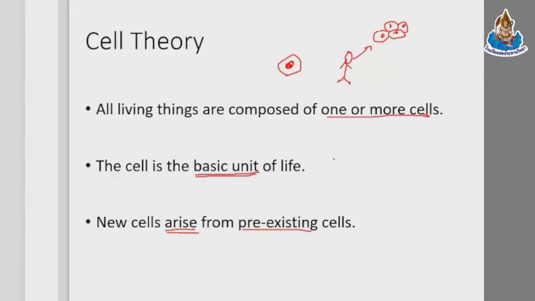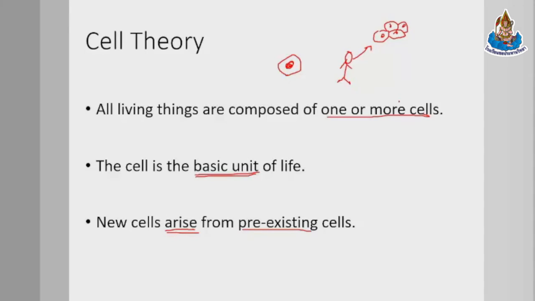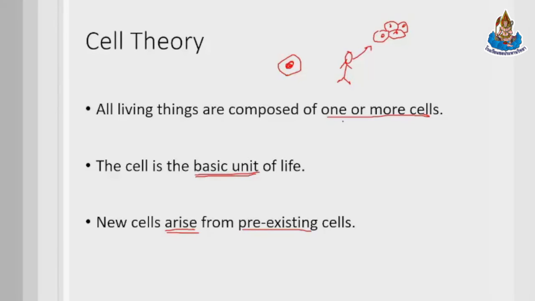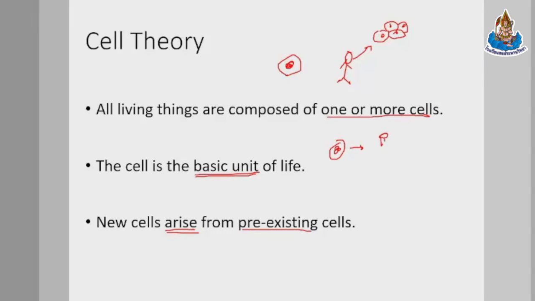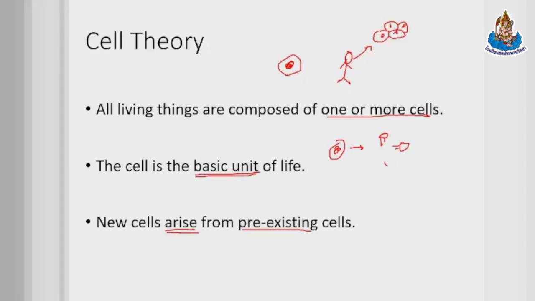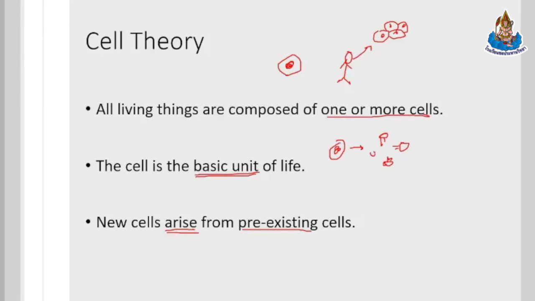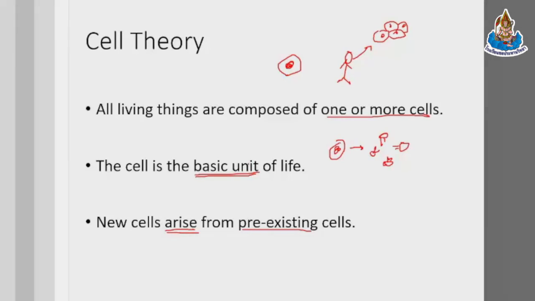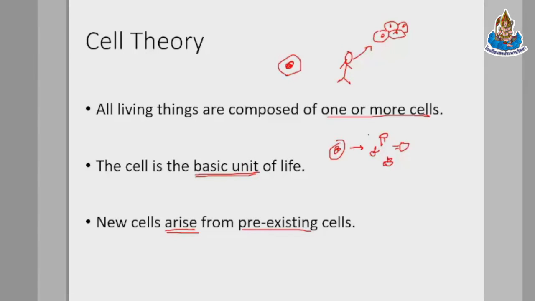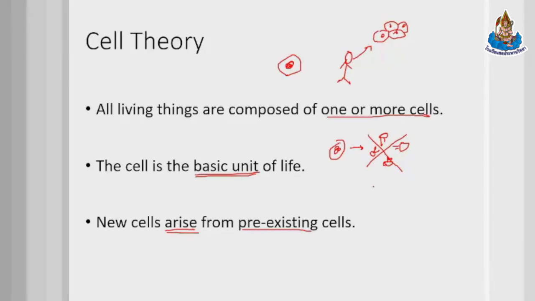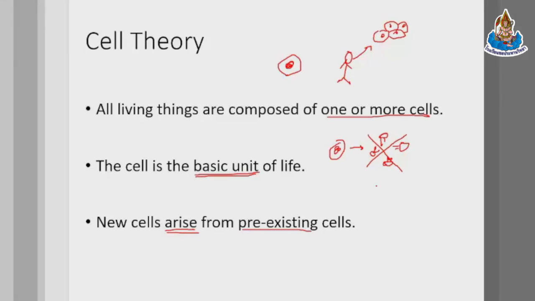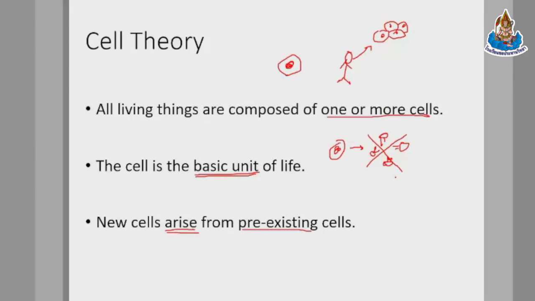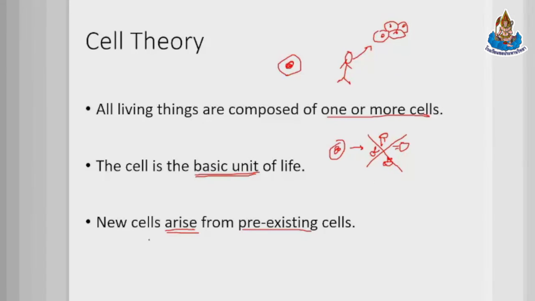It means that if something is smaller than a cell, it doesn't have the properties of life. So if you look at something smaller than a cell and leave it like that, it cannot remain alive. And new cells arise from pre-existing cells. It means every cell nowadays has its origin from a previous one.